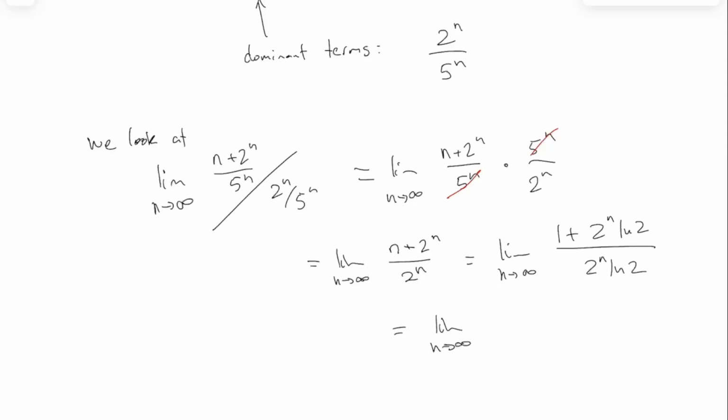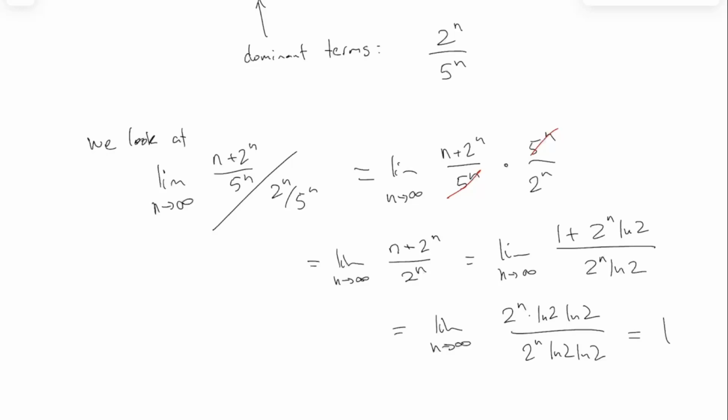The 1 on top goes away, and what remains is 2 to the n times ln 2 times ln 2. There used to be one ln 2 there, but I get another one because I'm taking the derivative again of 2 to the n. On the bottom, 2 to the n times ln 2 times ln 2 again. And this limit is 1.